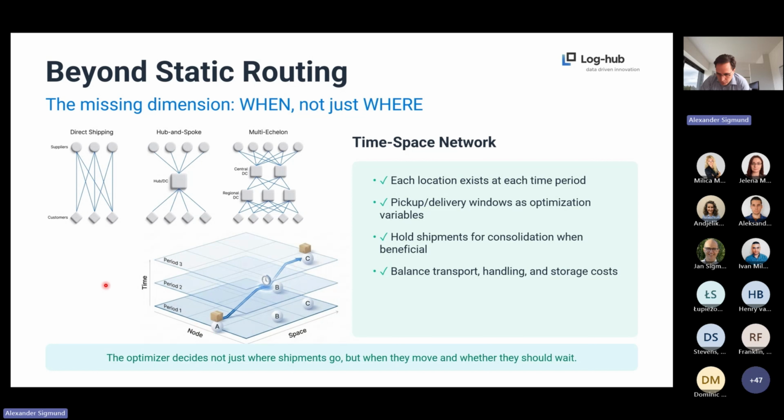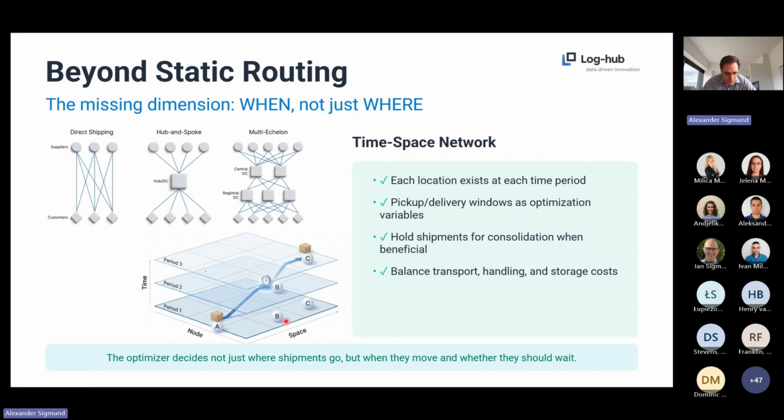If you, for example, want to transport something from this warehouse, from location A to location B, we need a certain amount of time. So in this example, we need exactly one period to transport something from A to B. This is why the optimizer only has an edge between these two nodes. There is no edge from A to B in the first period, because this would not be possible in this network because of the time constraints.